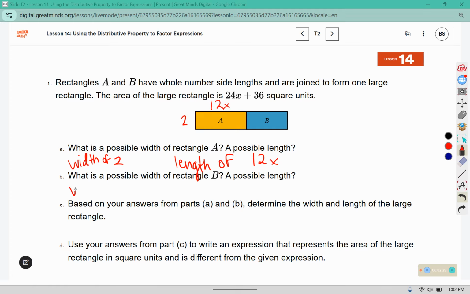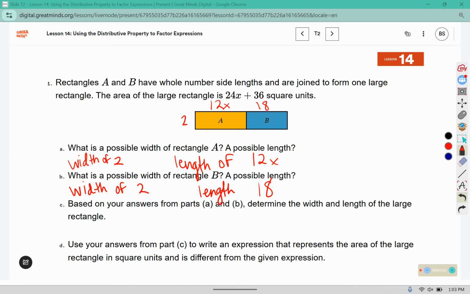If we still use that width of 2, then the length for rectangle B, the area is supposed to be 36. So 2 times what number gives me 36? That is 2 times 18.